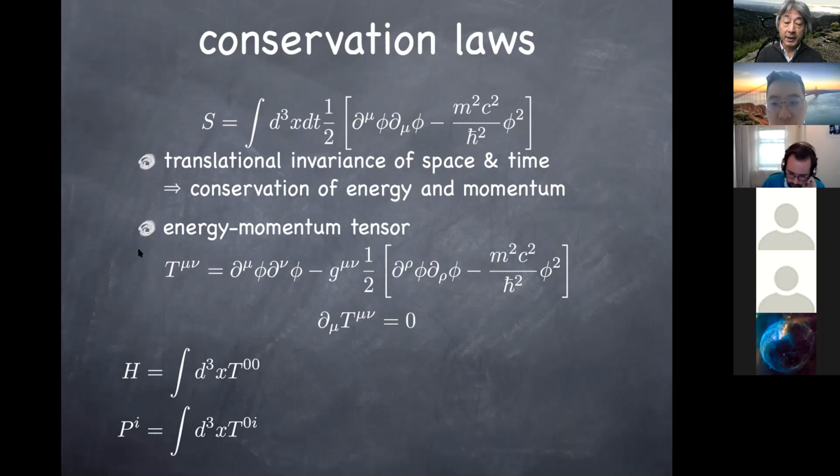So this energy-momentum tensor is a symmetric rank 2 tensor because it has 2 indices, mu and nu, and both of them can take values from 0 to 3. They run from the time to spatial components. And what you do here is take the 0th component for the nu index, or mu index, doesn't matter because it's symmetric, and then integrate over the space, and that defines a conserved quantity, which you can show by this continuity equation for every nu.